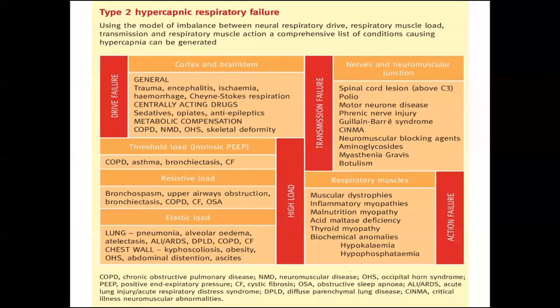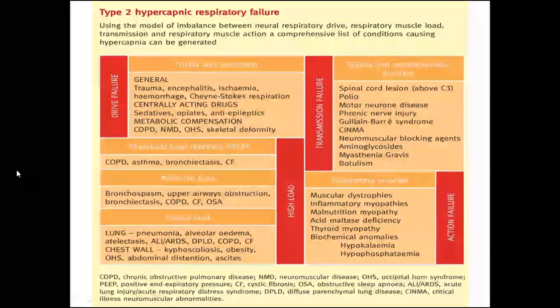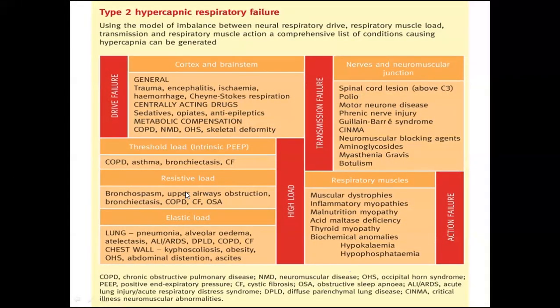But once they keep on doing the same effort and the airway narrowing worsens, they finally land up in hypercapnia. So any lung condition can initially behave like hypoxemic respiratory failure, but if it keeps working on the same load without any support, it can land up in hypercapnia as well.